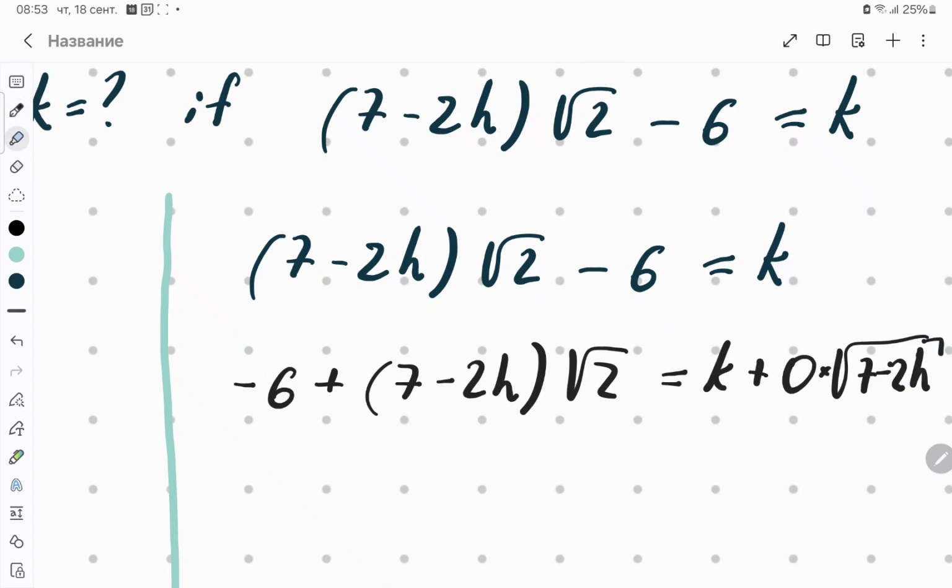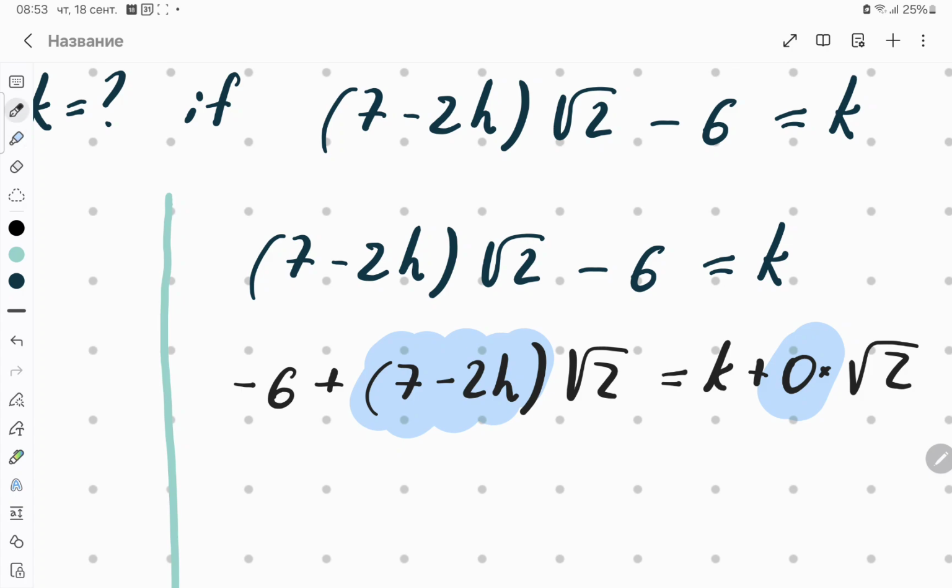How does this come about? Because 0 could be multiplied by any number, and I used the same square root of 2. Now it's clear. So now you see that we can equate these coefficients.